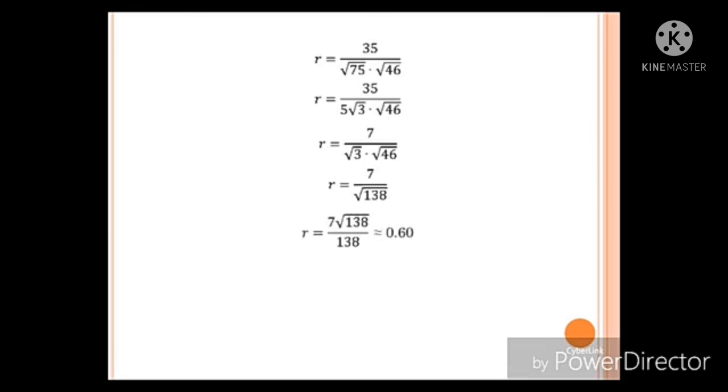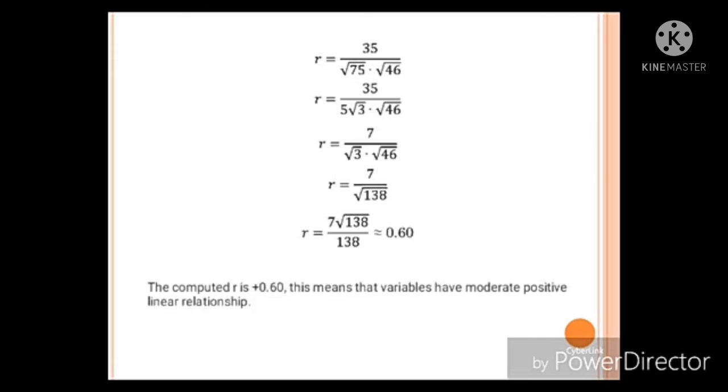Or you can multiply 7 by the square root of 138, then divide it by 138. Either way, you will get the same result, which is roughly 0.60. Therefore, the computed r is positive 0.60, which means that the variables have a moderate positive linear relationship.